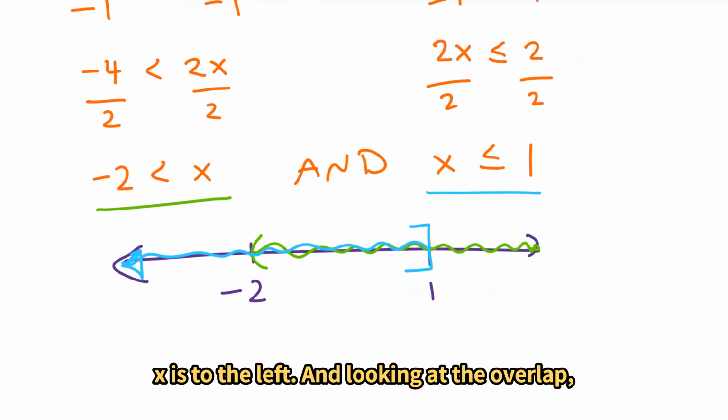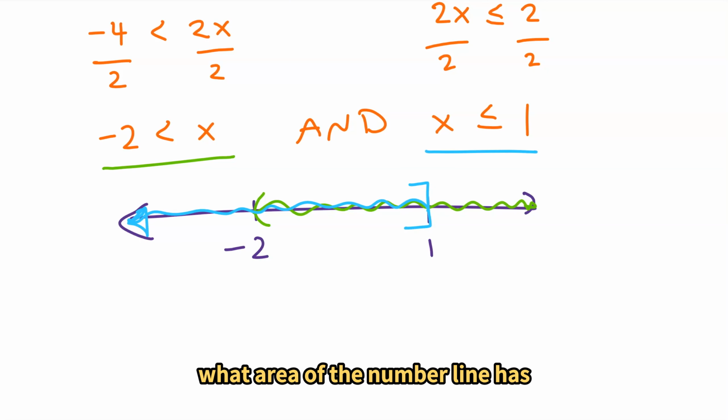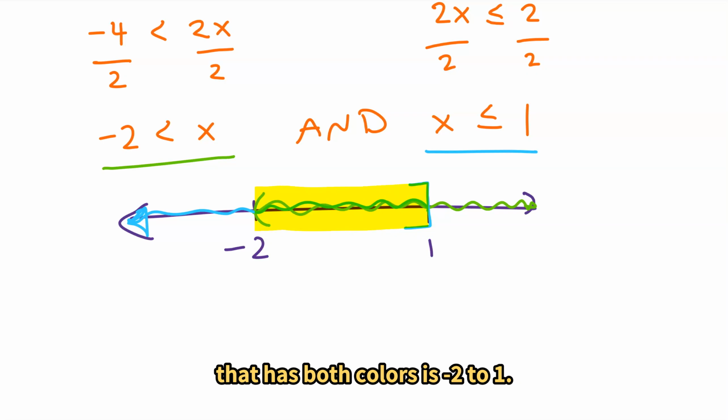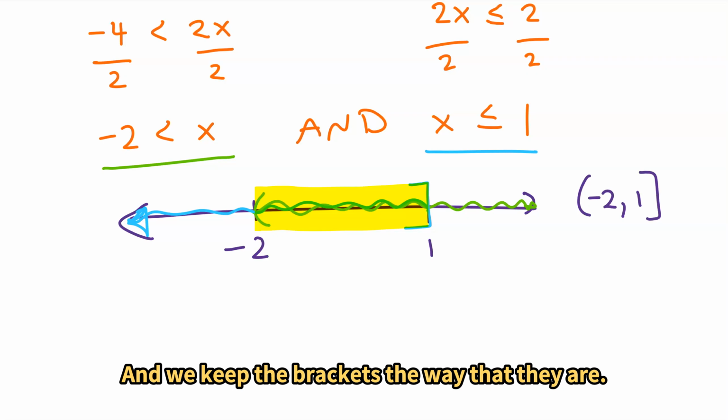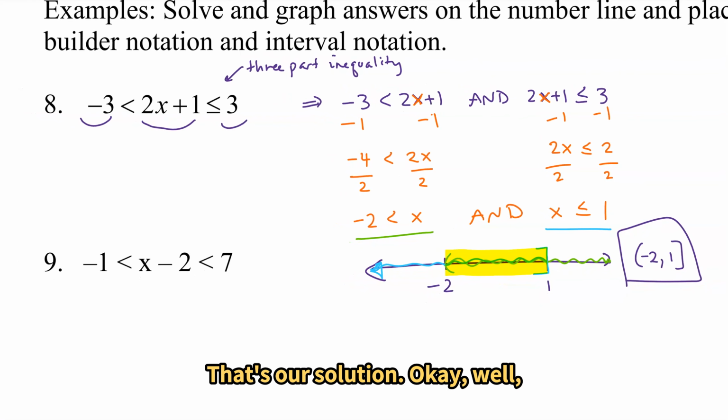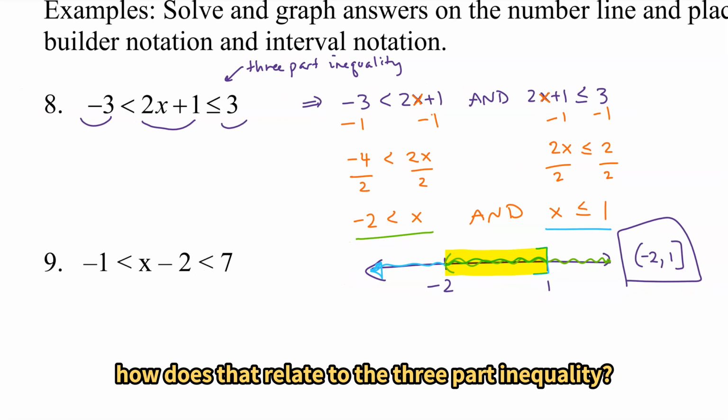And looking at the overlap, what area of the number line has both colors on it? And the part of the number line that has both colors is -2 to 1, and we keep the brackets the way that they are. That's our solution.